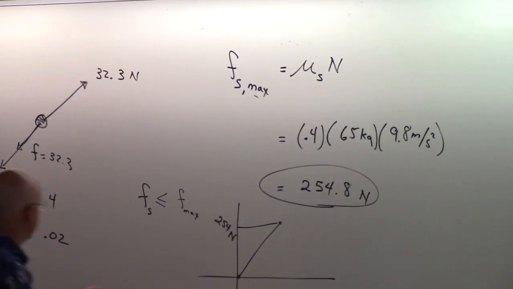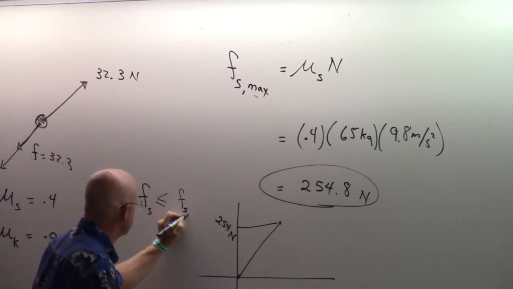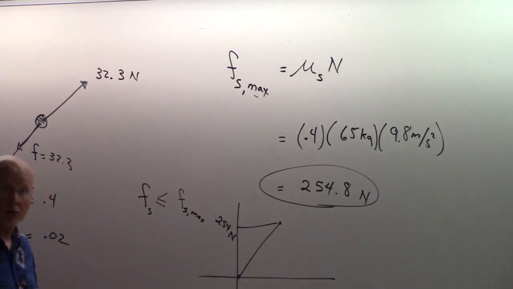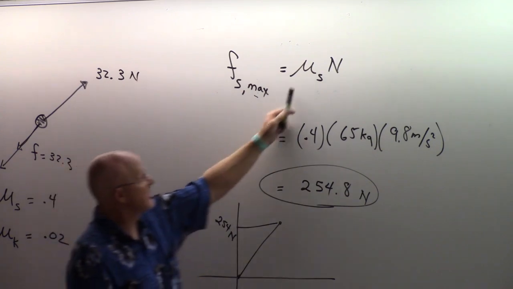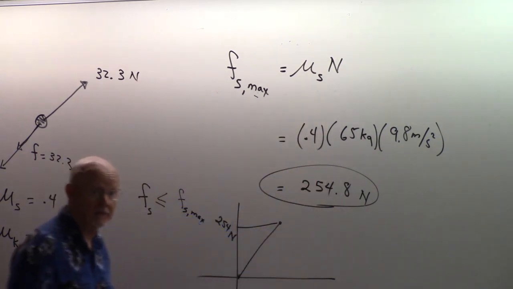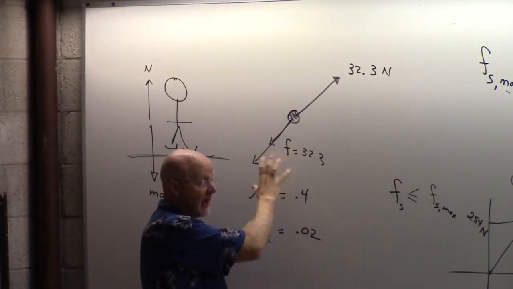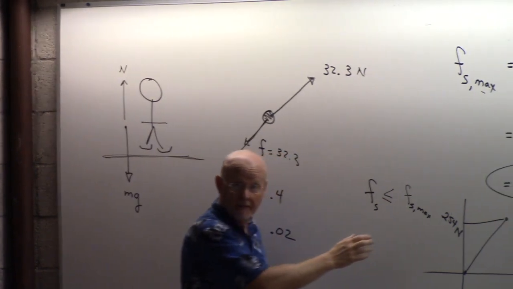Fs maximum is 250, from this calculation. Yeah, but then what is the regular F? The regular F is whatever it is actually pulling back at, which has to be less than 254. That's the 32.